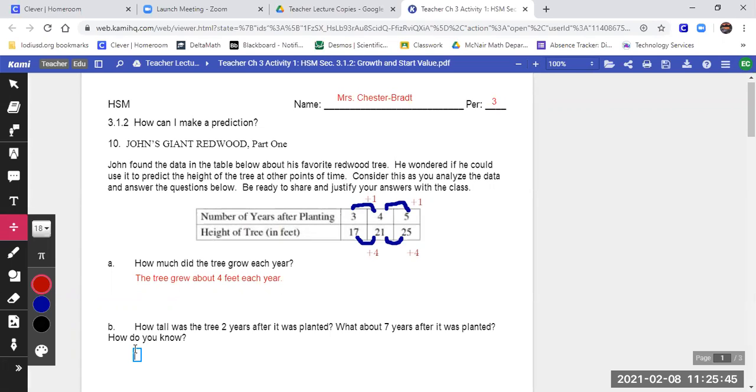We're going to be subtracting from what? What thing are we going to be subtracting from to figure out how tall 2 years after it was planted? Subtracting from what to figure out how tall?